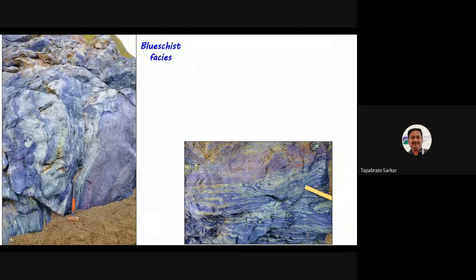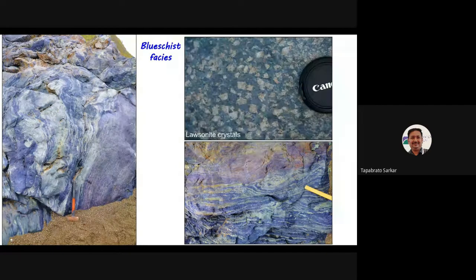This is due to the prevalence of the mineral glaucophane. These are the lawsonites, which are slightly grayish or light blue in color, but the matrix is all dominated by the amphibole glaucophane, and these rocks have a very nice blue color.